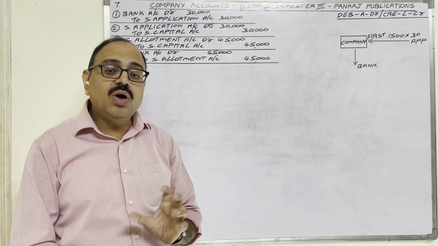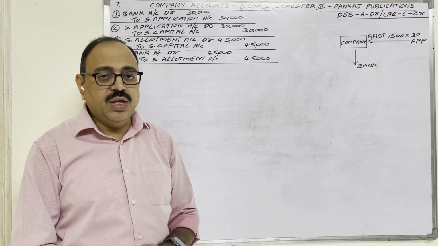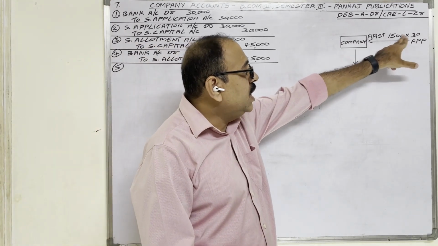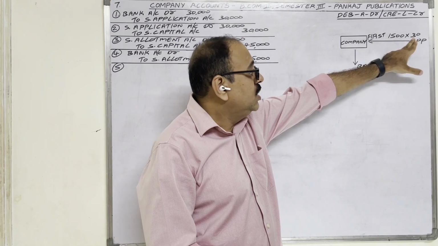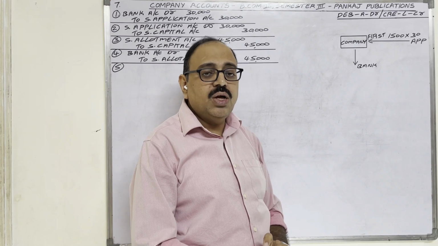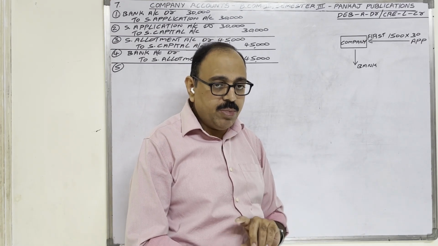Now come to first call related entries. First transfer entry, then money received entry. From applicants on 1500 shares at the rate of 20 rupees each, 30,000 first call money should come. So for 30,000, applicants are debtors. Debtor is an asset. Asset shows a debit balance.